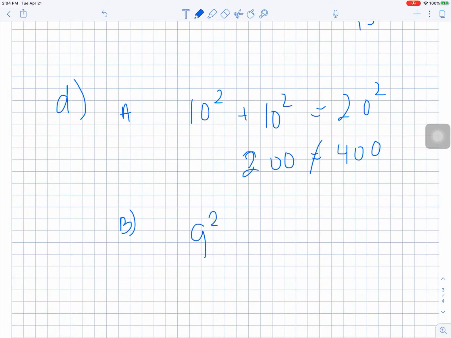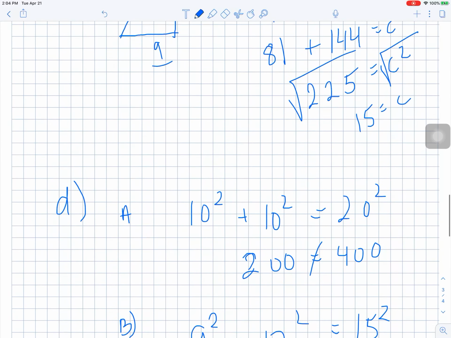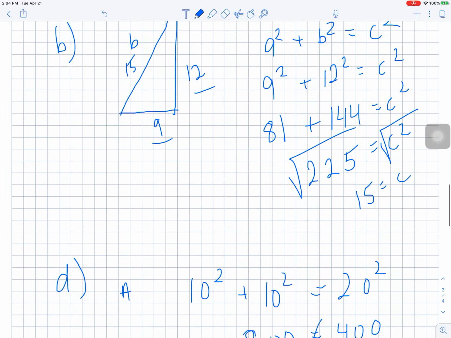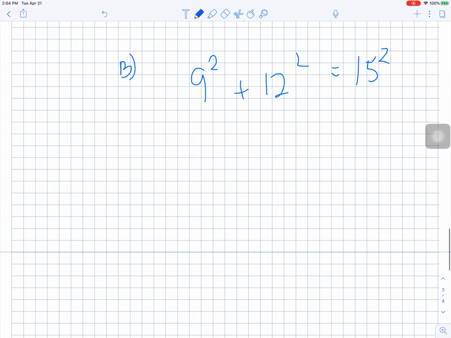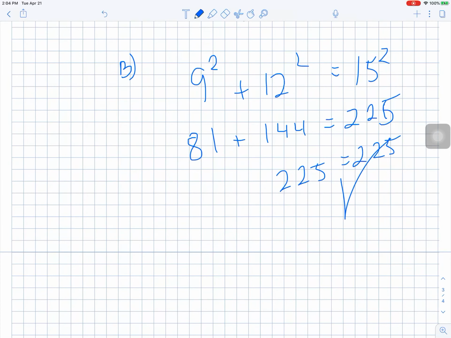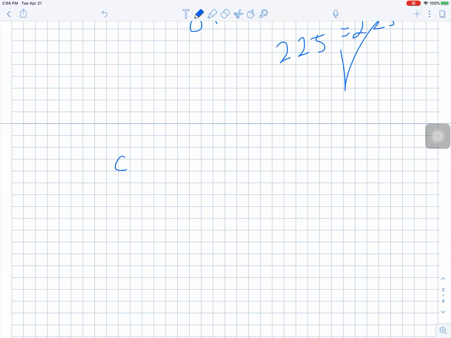Okay, here we go. So we should have 9 squared plus 12 squared equals 15 squared. Now, if you were paying attention a little bit earlier, these are the same numbers that we worked with here. So you know that 81 plus 144 equals 225, and 225 equals 225. This is a correct one.